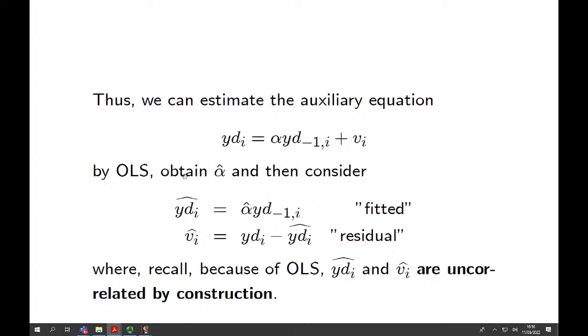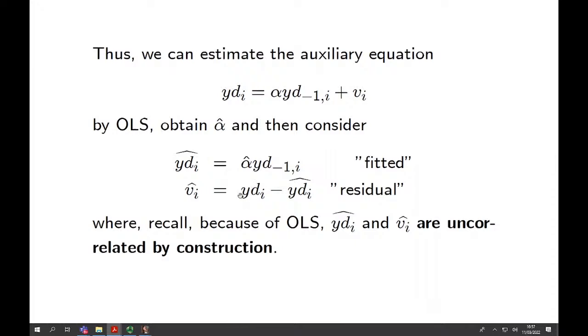So I can estimate this auxiliary model by OLS and get alpha hat. Once I estimate the model by OLS, I get the fitted and the residual. We know this, right? The fitted is the estimated alpha times the income in 94 of the region, and the residual is the difference between the true income and the income predicted by my model, okay?